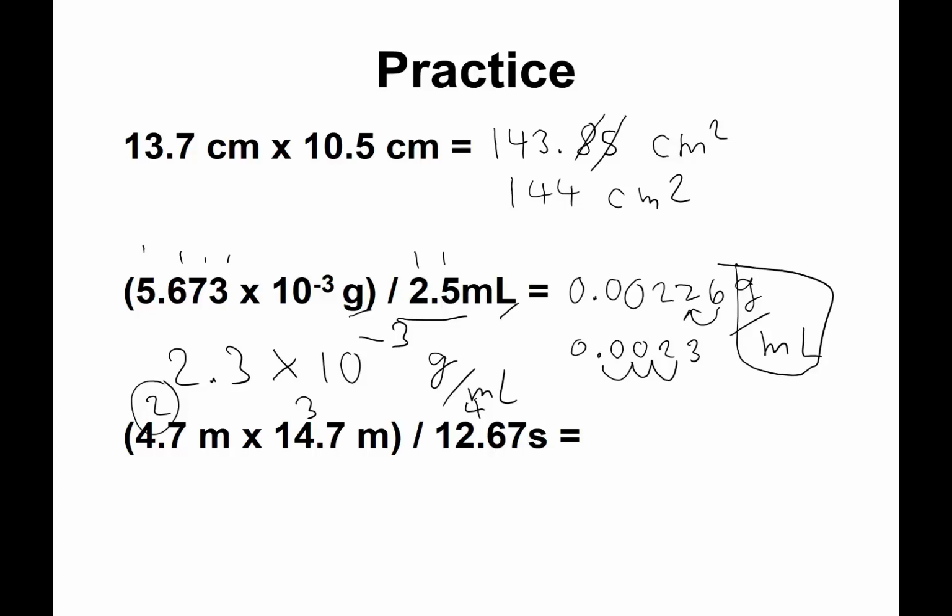Our units are going to be meters times meters, which is meters squared, divided by second. That's a force. So if I put that into the calculator, I get 5.5 meters squared per second. Okay, so no problem here.